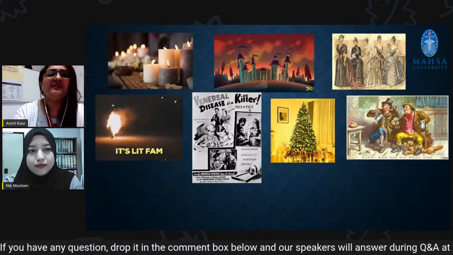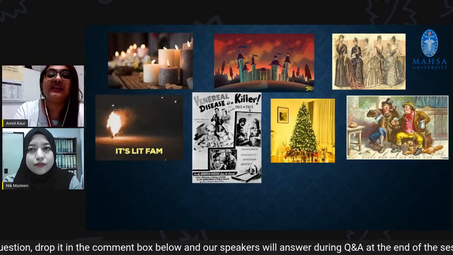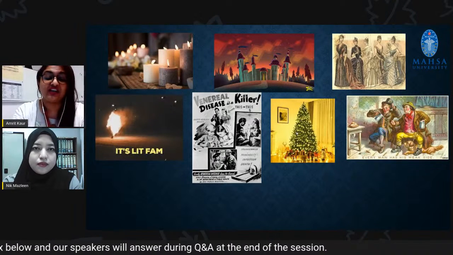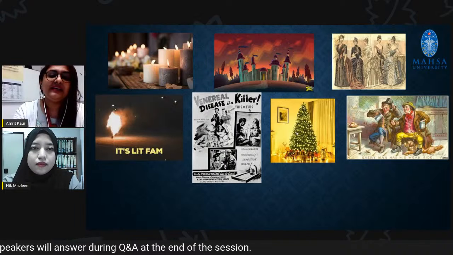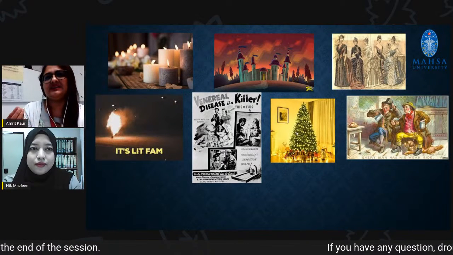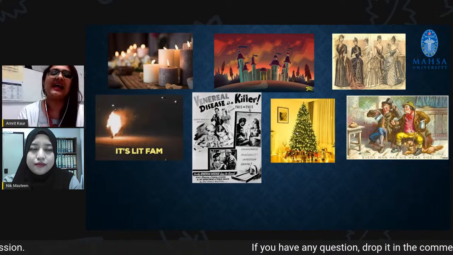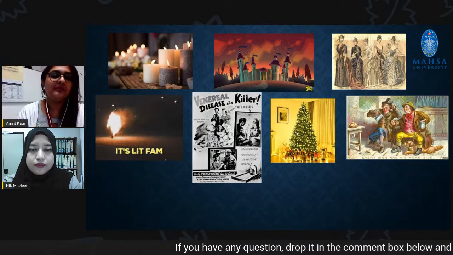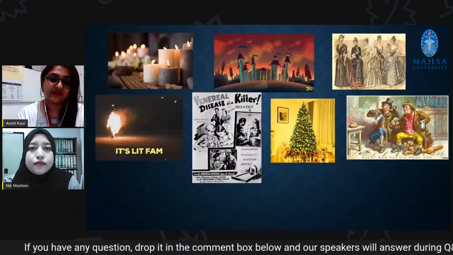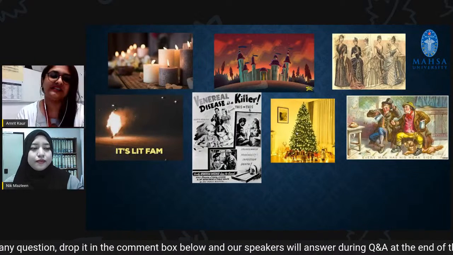Then we move on to the next picture. Another meaning of lit that has developed over the last decade is probably an adjective, and the meaning is hyped, outstanding. Commonly, this sense is found in the phrase "it's lit," or to go whole hog, "it's lit fam."